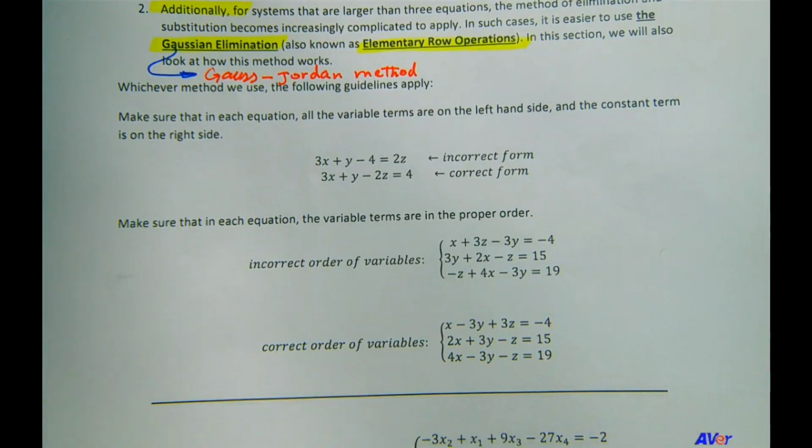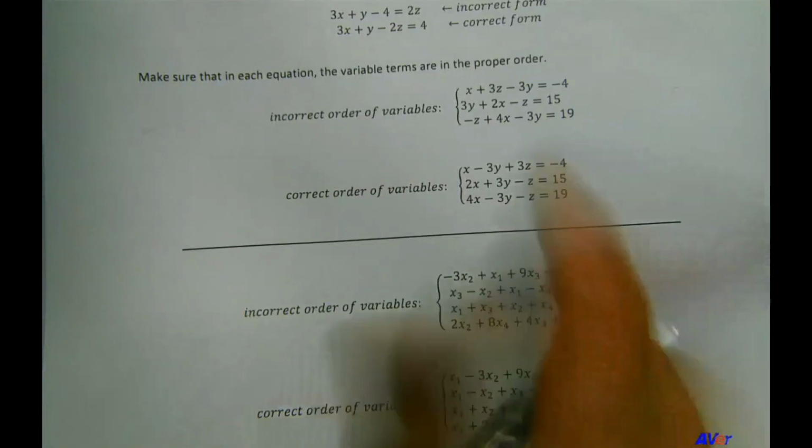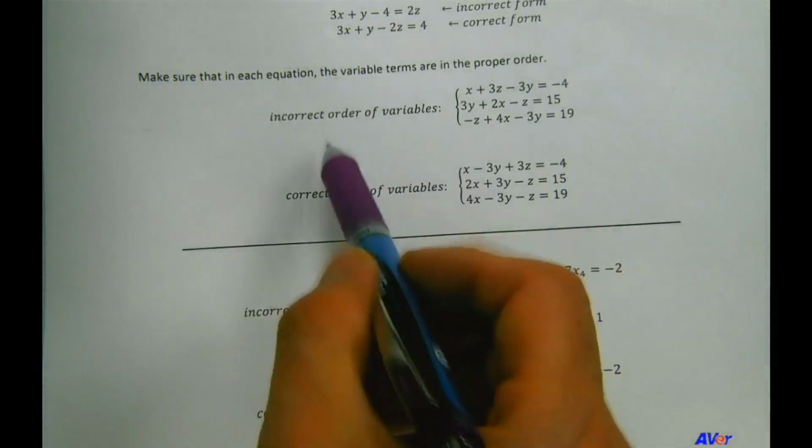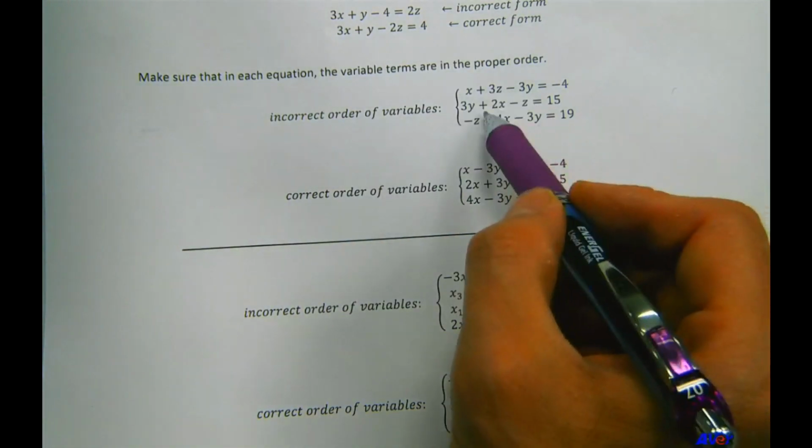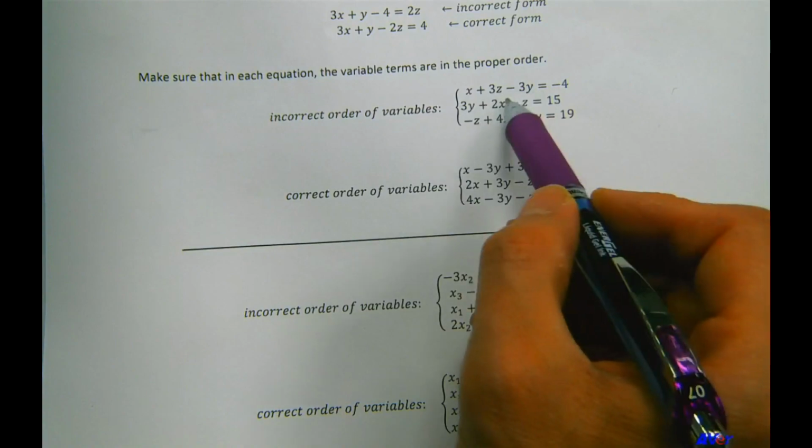And this is irrespective of what method you're using, whether you're using Gauss-Jordan or the method of elimination and substitution. And right below that, I'm showing an example of incorrectly ordered variables, which is that, right? X, Z, Y, that's out of order.